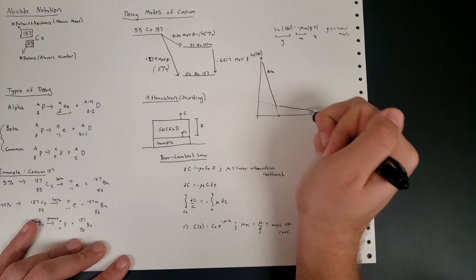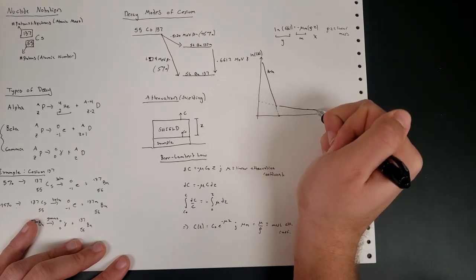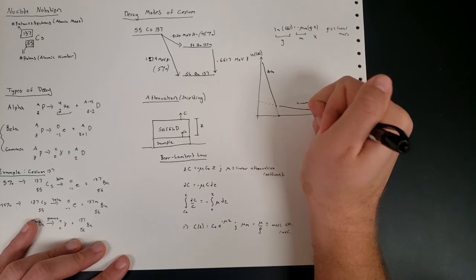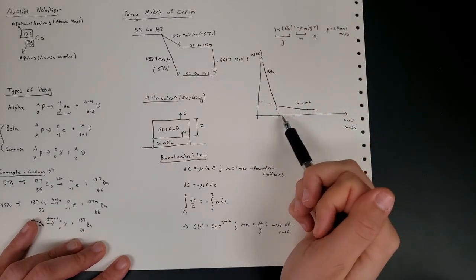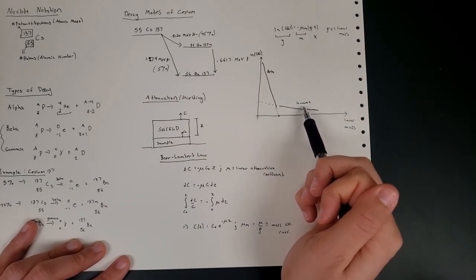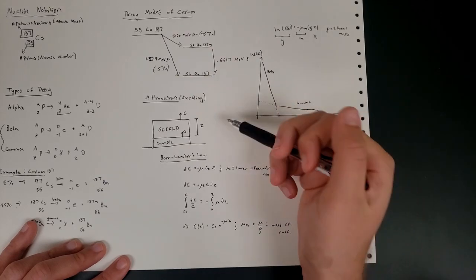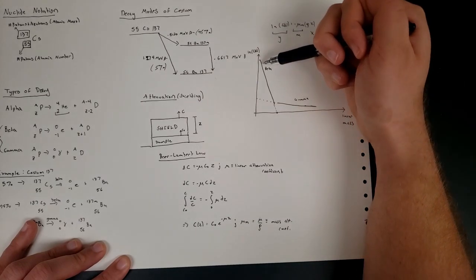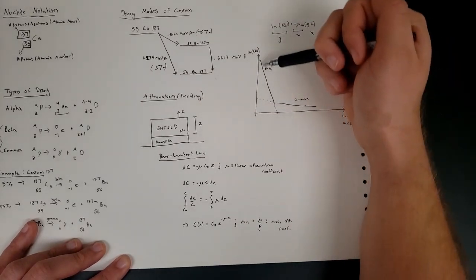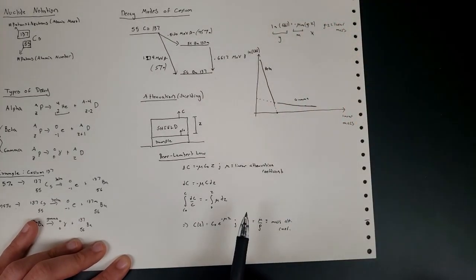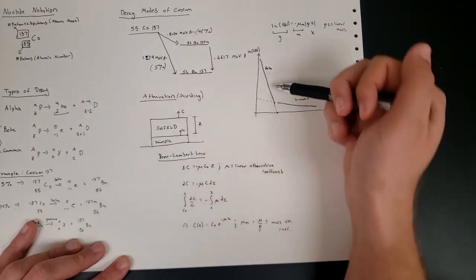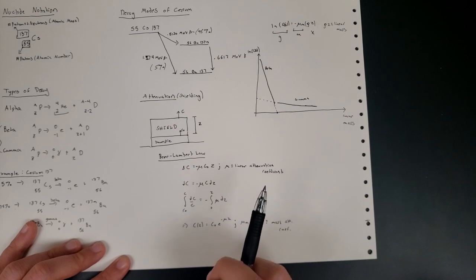So whenever this hits zero, whatever line we have left over is gamma attenuation, because gamma attenuates much less. So even though we're getting thicker and thicker, we're still getting some gamma particles able to come out this other side of the shield. Over here, it doesn't take very much thickness before we're attenuating all of the beta particles that are coming out from here. So at a certain thickness, we'll get rid of beta and we'll only have gamma.